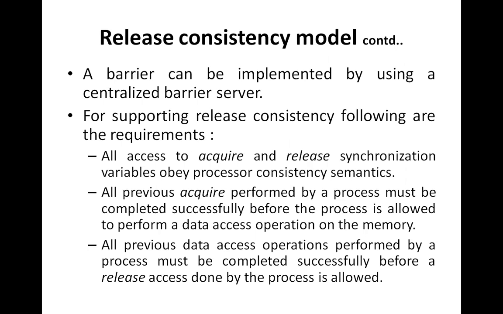Each process in that group of concurrently executing processes sends a message to the barrier server when it arrives at a barrier, and then blocks until the reply is received from the barrier server. The barrier server does not send any reply until all the processes in the group have arrived at the barrier.